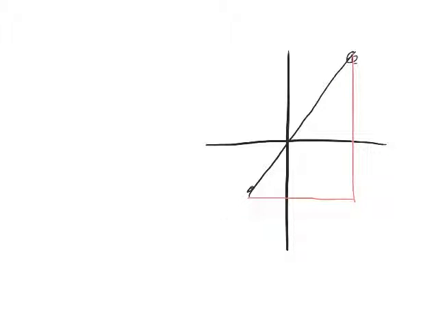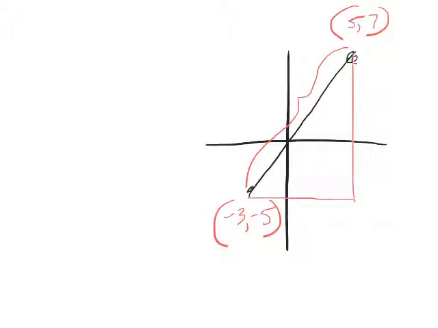So for example, if this was -3, -5, and this was, let's say 5, 7, we could use the distance formula to find out how far it was, or is, from there to there.